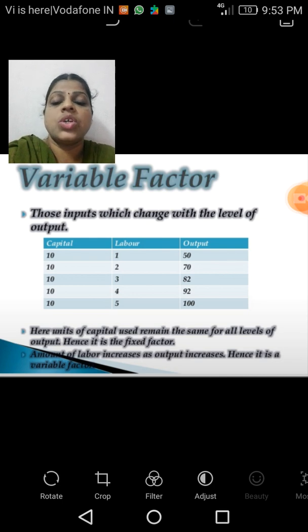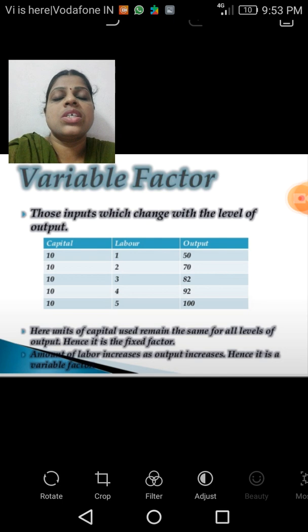So 10 units of capital and 1 unit of labor gives 50 units of output. The next one has the same amount of capital, but I told you that capital is the fixed factor. We cannot change it, so the only factor we can change is the variable factor.